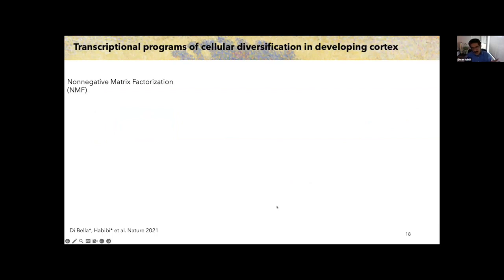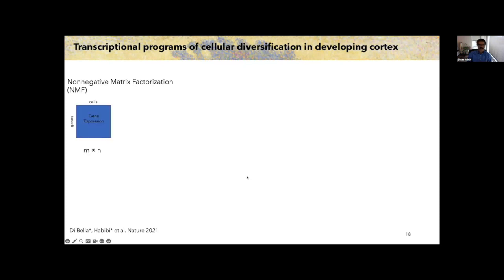So this is powerful, but what we have done is based on single genes, and we know that in a complex biological process like corticogenesis, we can more robustly describe the phenomenon by a set of genes that are co-expressed, or expressed at the same time. So we used an approach called non-negative matrix factorization.